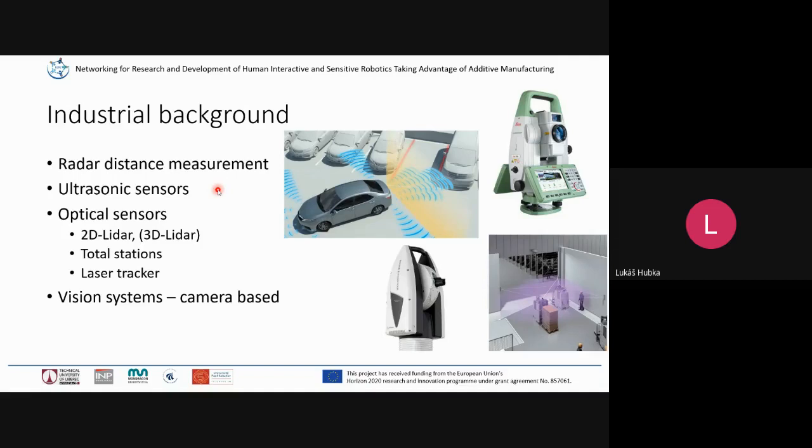The top level of the sensors, with a precision in the range of tens of millimeters or much higher sometimes, is a laser tracker. It's a really precise system. Here we have one picture of how it can look. It works for short distances.